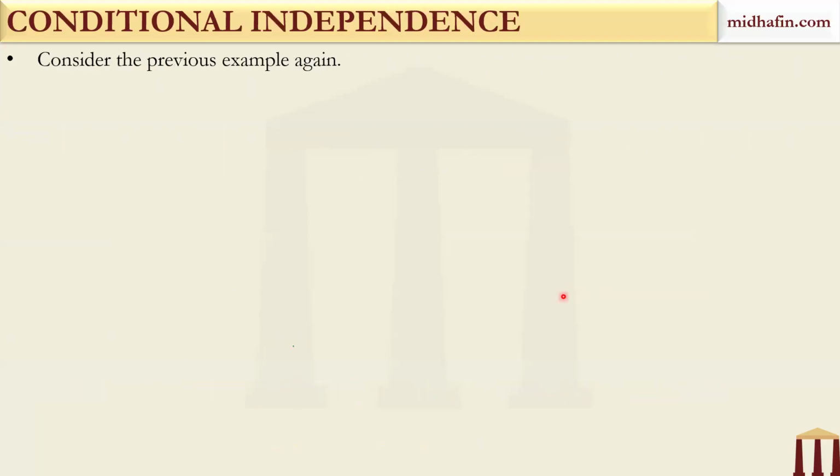Now, what about conditional independence? You remember in chapter 1, we did a very beautiful example visually of conditional independence. Three sets were there. Over here, actually, it's a bit simpler. And I hope you all remember the visualization of conditional probability also.